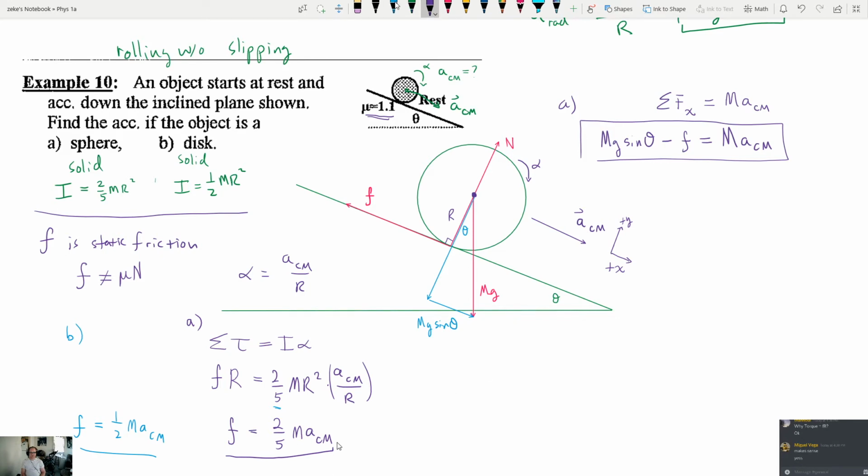Okay, so let's finish solving. We want to take this friction force and plug it into the friction force in that equation to find A_CM. So we have mg sine theta minus f, which is 2/5 M A_CM, is equal to M A_CM. And we just need to isolate A_CM, so we can cancel all the masses out.